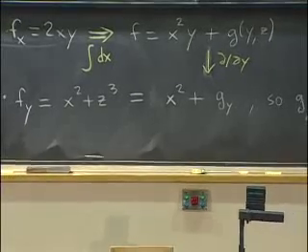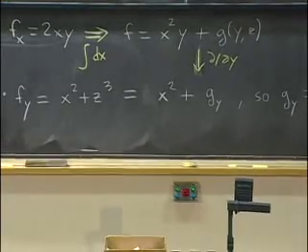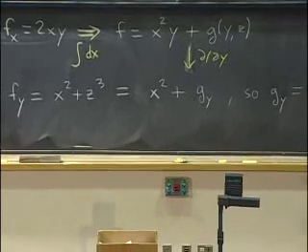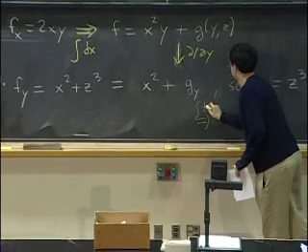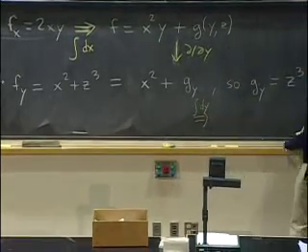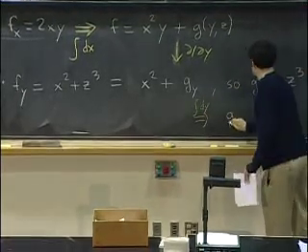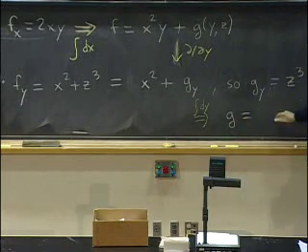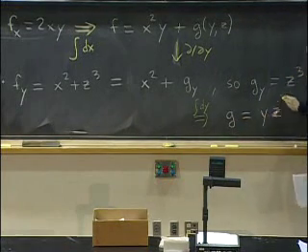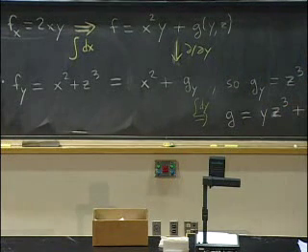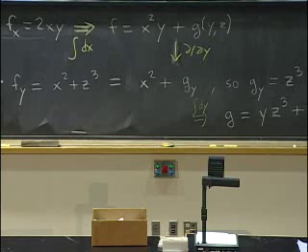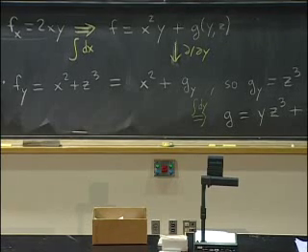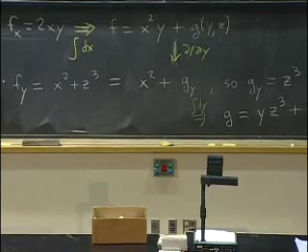So now if I have this, I can integrate with respect to y, and that will tell me that g is actually yz cubed plus an integration constant. That constant, again, does not depend on y, but it can still depend on z, because we still haven't said anything about the partial with respect to z.